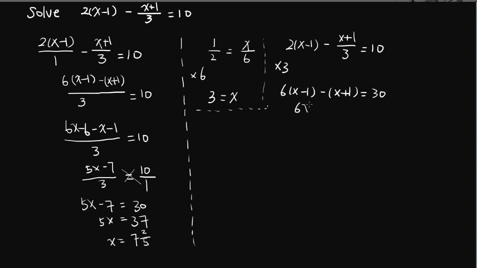Let me expand first: 6x - 6 - x - 1 = 30, then 5x - 7 = 30. I leave my 5x on the left-hand side and bring the negative 7 to the other side, giving positive 7. So it's 30 + 7, which is 37. So x = 7 2/5.